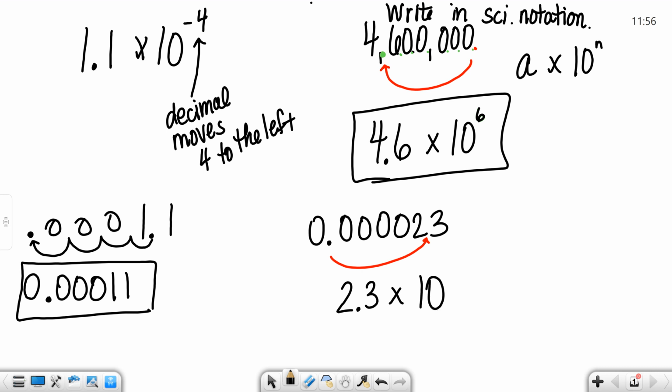Now, I moved it over here to the right. However, when you write it in scientific notation, if I wanted to move it back so that you know the standard position, I'm moving it left. And how many spaces am I moving it? 1, 2, 3, 4, 5 spaces. So 2.3 times 10 to the negative 5 would be our answer there.